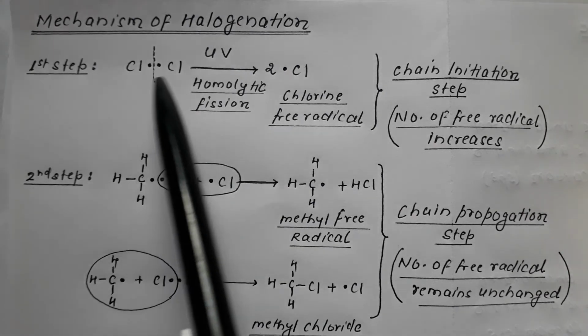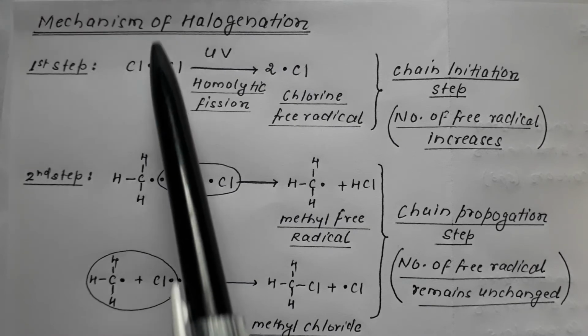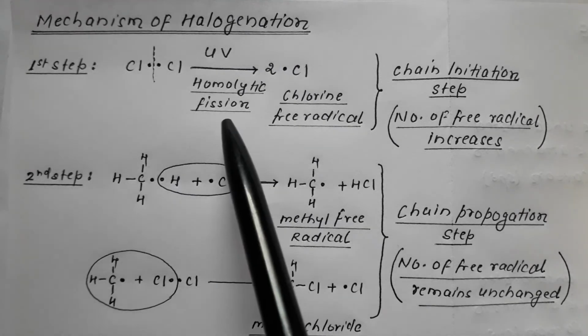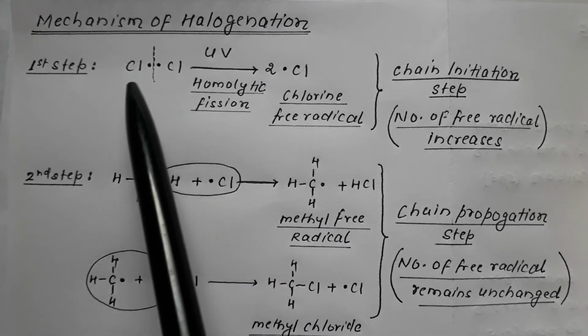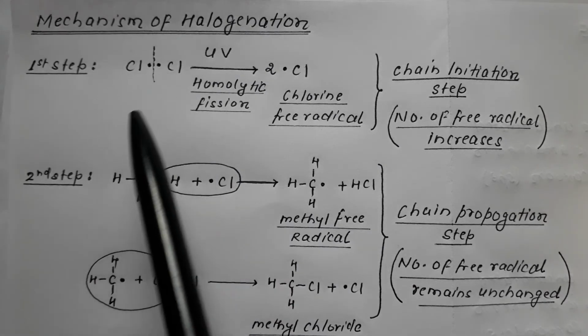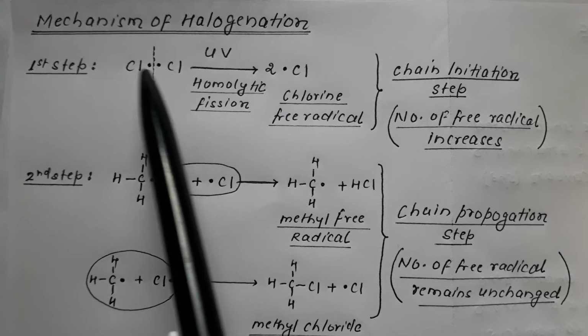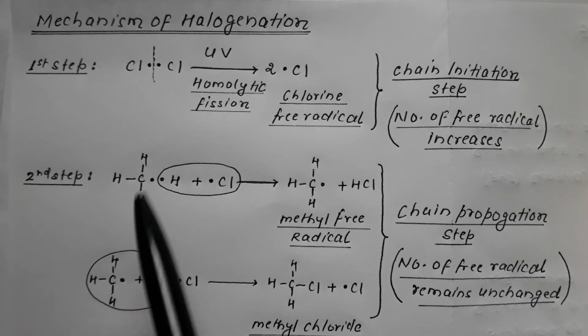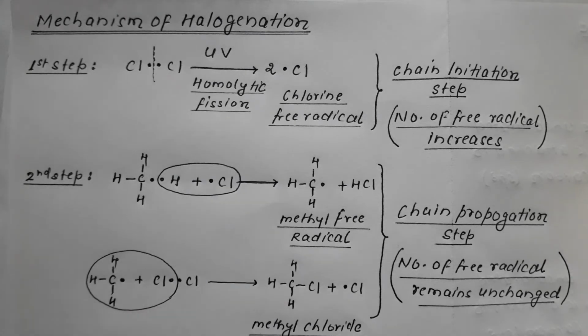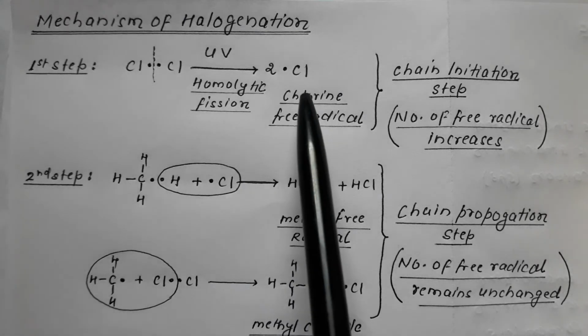The bond between chlorine and chlorine undergoes homolytic fission. What is homolytic fission? It is a fission in which the shared pair gets equally distributed between the two atoms, that is, both these atoms get back their shared electron. So chlorine gets converted into chlorine free radical.